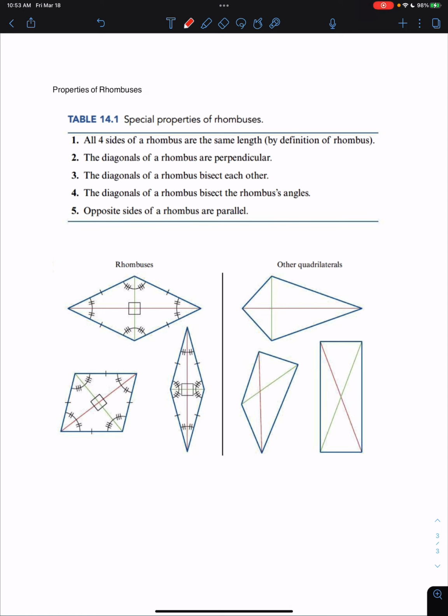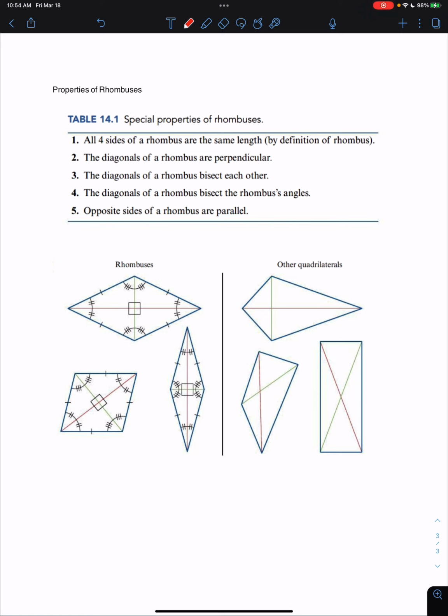These special properties of rhombuses are what allow us to make those constructions. So I just want to explicitly highlight some of the special properties of rhombuses and how they connect to our constructions. So first of all, sides of a rhombus are the same length by definition.